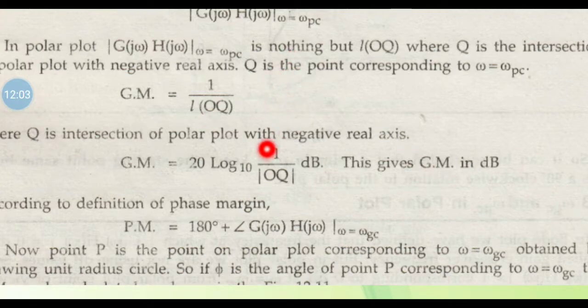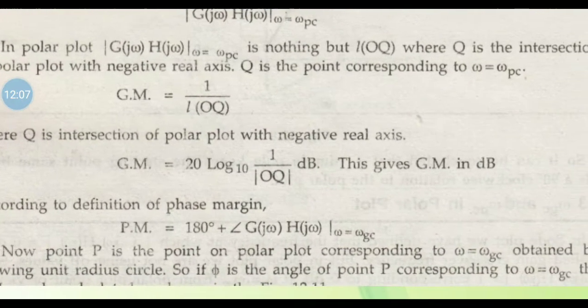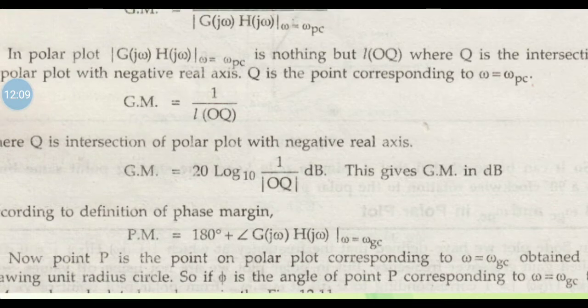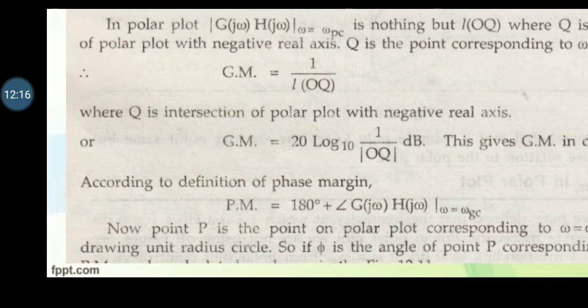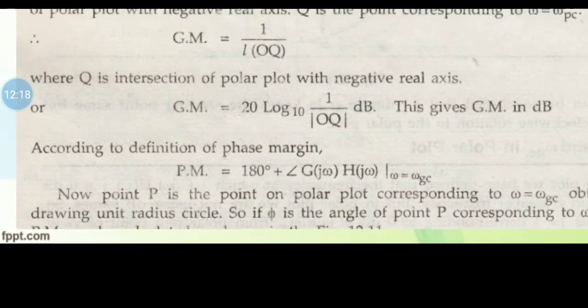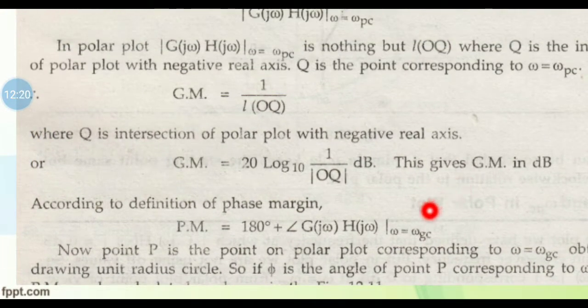Q is the intersection of polar plot with negative real axis. Or we can find gain margin as 20 log10 of 1 divided by the magnitude of OQ dB, which gives gain margin in dB. According to the definition, phase margin is equal to 180 degrees plus the angle of G(jω)H(jω) at ω equal to ωgc.